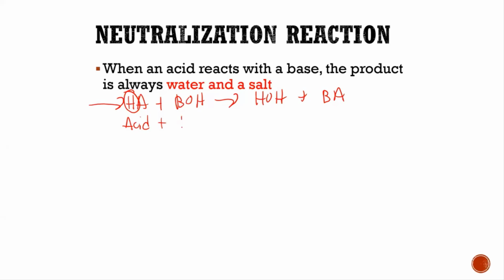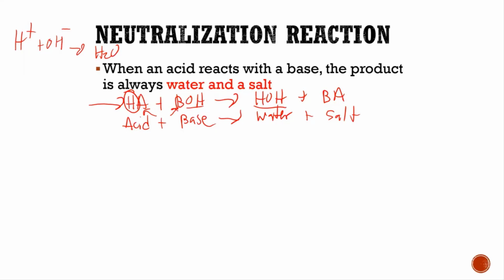And then we have the base. Well, this is both a Bronsted-Lowry base and our Arrhenius base. They release hydroxides. That's how we measure basicity in water equilibrium. And then water, and I told you to write it as HOH to help me balance it, because essentially an H plus and an OH minus come together to produce water. And then this would be your salt, which is just the conjugate base and the conjugate acid from your acid-base pairs to make the salt.